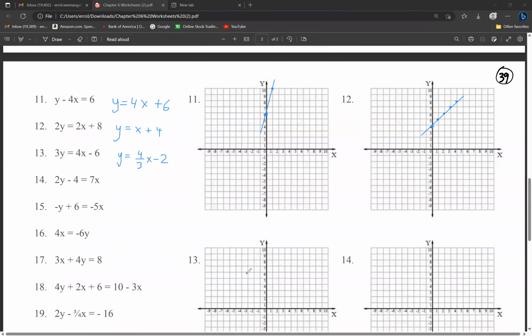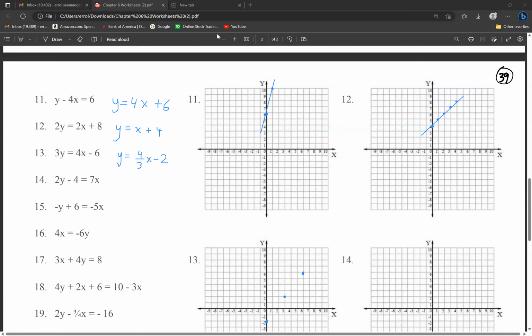So 13, where's the first dot? 0, -2. Where's the second dot? Up 4 and then to the right 3. Up 4 to the right 3. Okay, something like that.